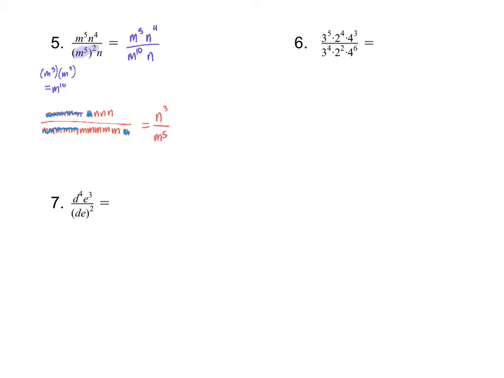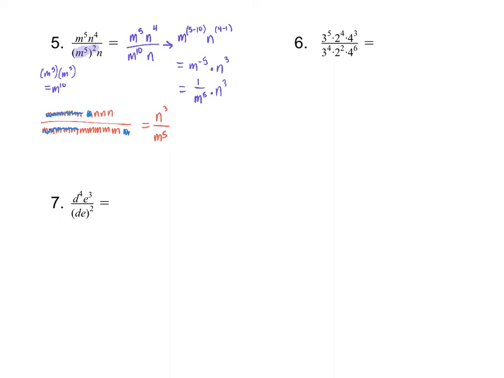So if we solve this with our properties, and we subtract the exponents, we would have m to the 5 minus 10 power times n to the 4 minus 1 power. So we would have m to the negative 5th times n to the 3rd. Now remember, m to the negative 5th is 1 over m to the 5th times n to the 3rd.